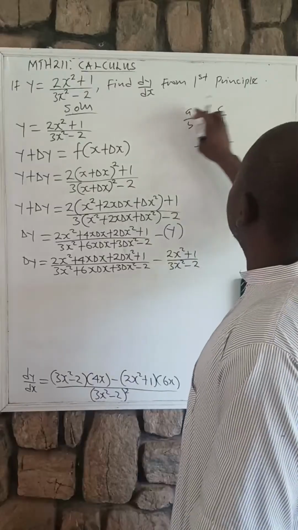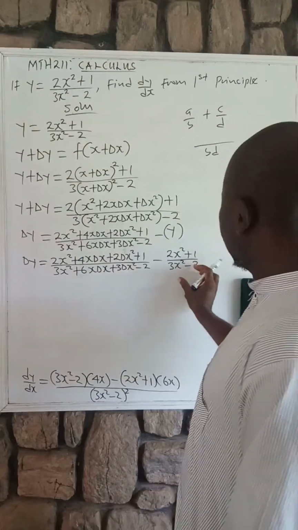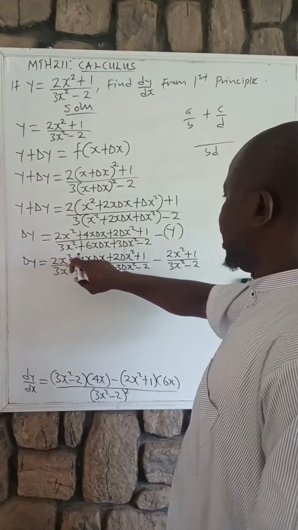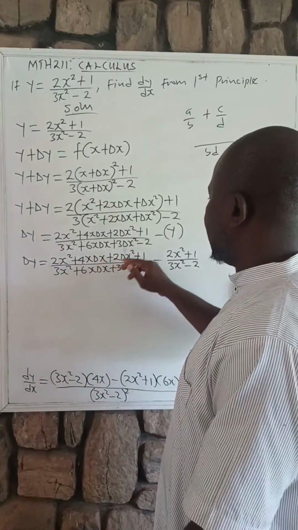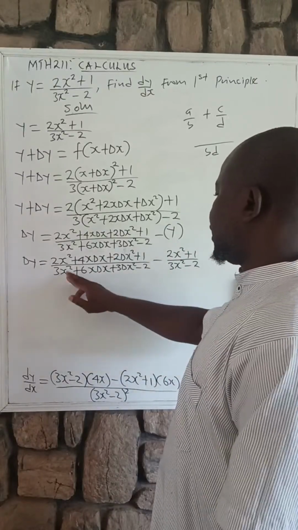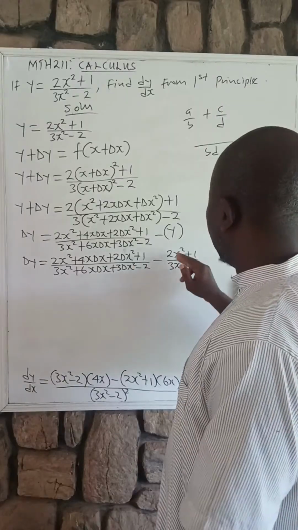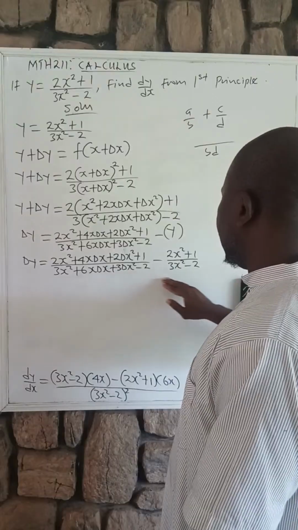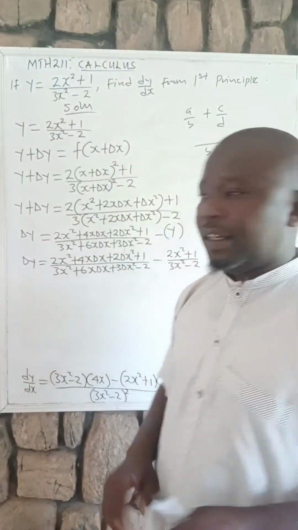Use this to multiply this, use this to multiply this, then multiply the denominators. So we use 3x squared minus 2 to multiply 2x squared plus 4x dx plus 2 dx squared plus 1. Then use 3x squared plus 6x dx plus 3 dx squared minus 2 to multiply 2x squared plus 1. Then use the denominators to multiply each other. Is that clear?